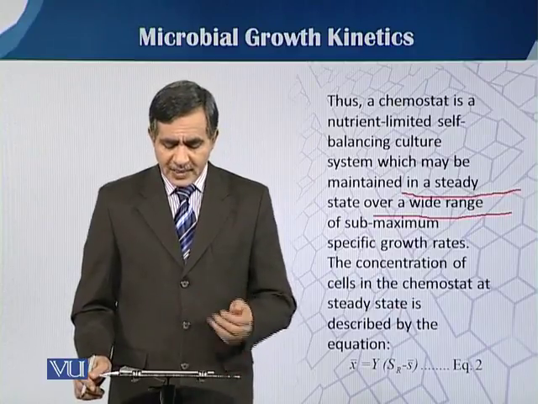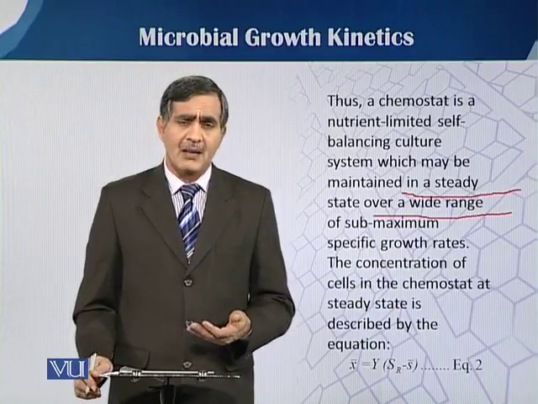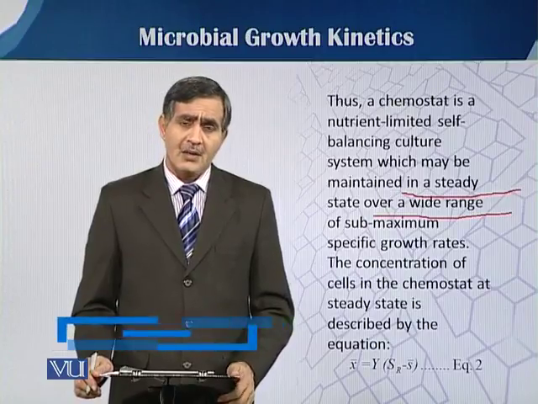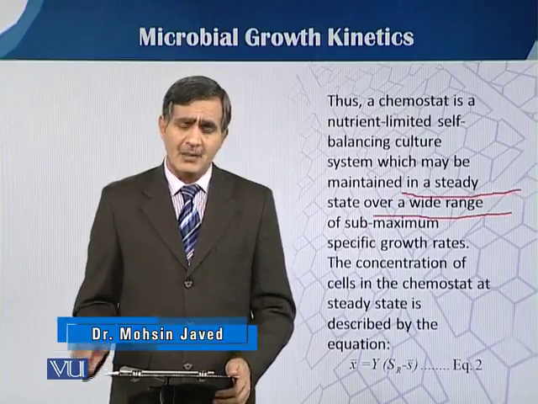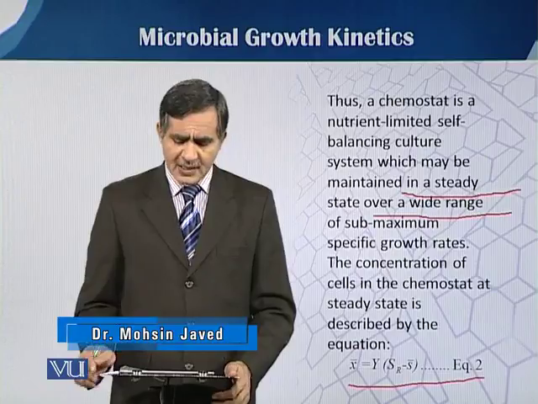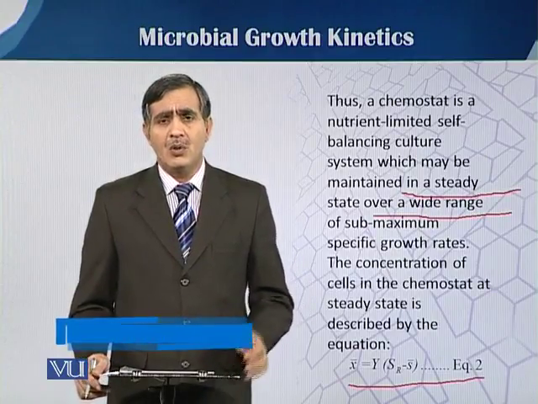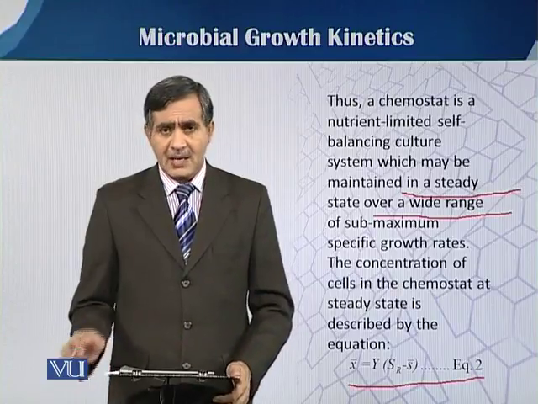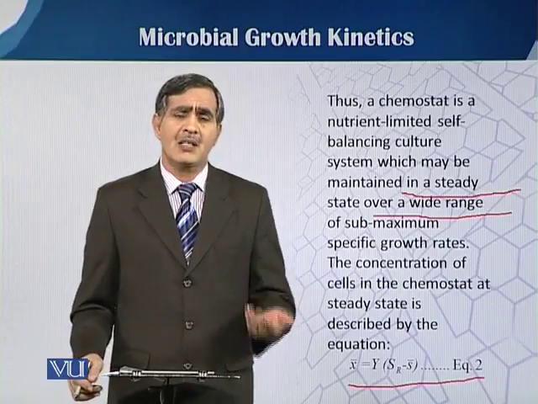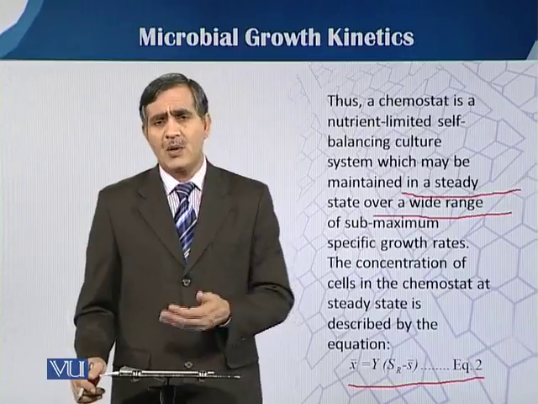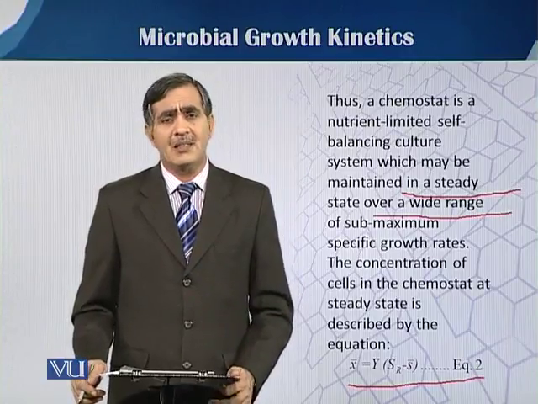So we can say that the concentration of cells in the chemostat, which we have already seen in a batch culture by an equation, is X equal to Y, the yield coefficient, times the difference between the initial substrate concentration and the residual substrate concentration.